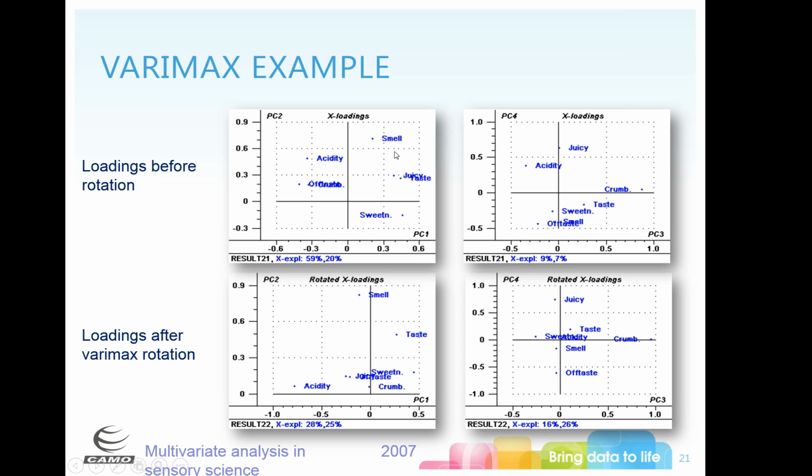So here's just an example of what our loadings look like before a rotation. In this case, we've got principal component 1 and 2 and 3 and 4 here. And as you can see, they're kind of just all over the place, and it's really difficult to interpret which particular variables influence the principal components.